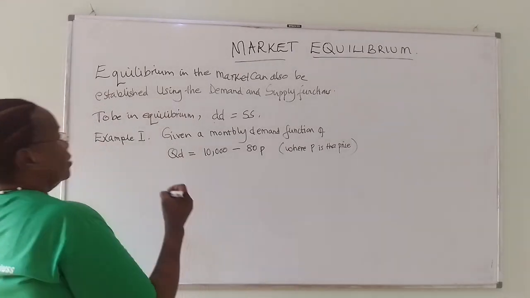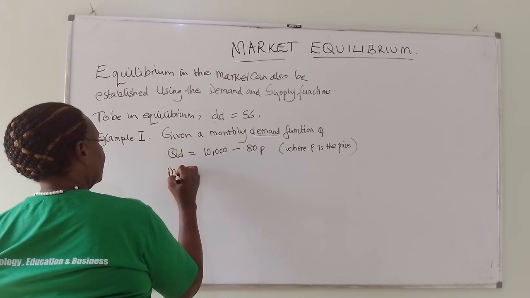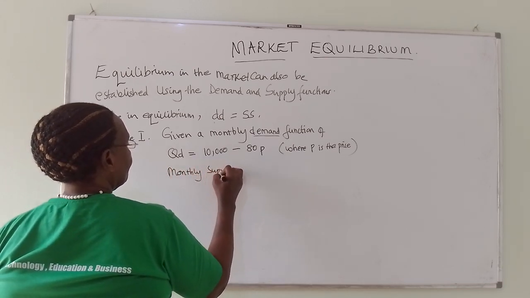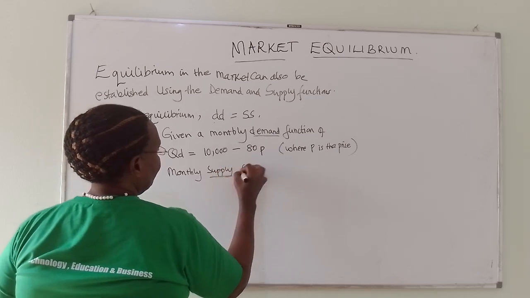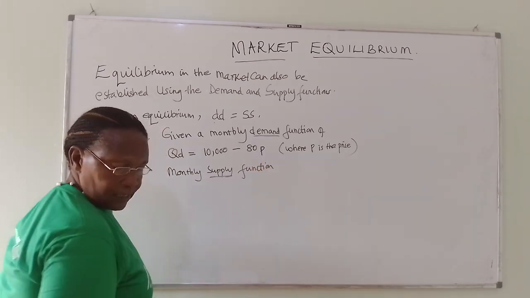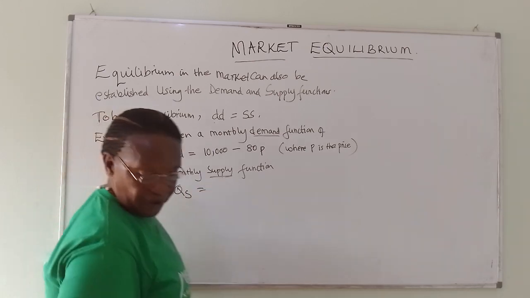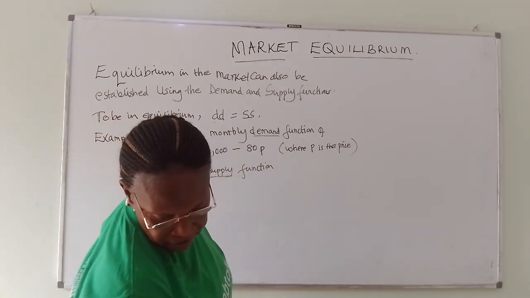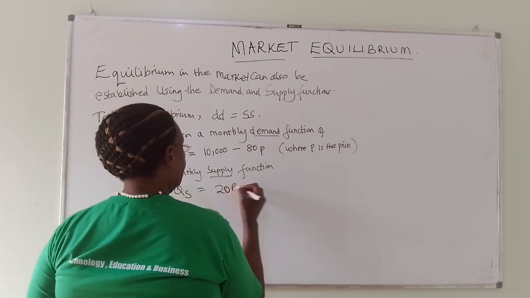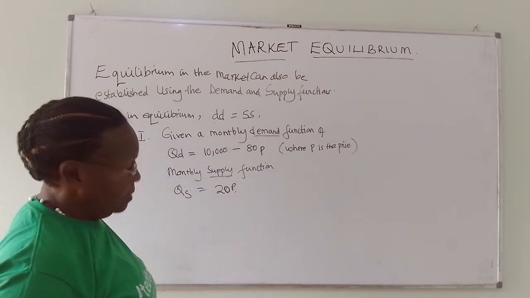And then we are not only interested in demand, but we also need supply. Then the monthly supply function is also given, and it's given by quantity supplied, which for this case is only 20p. So in both instances, p is the price.